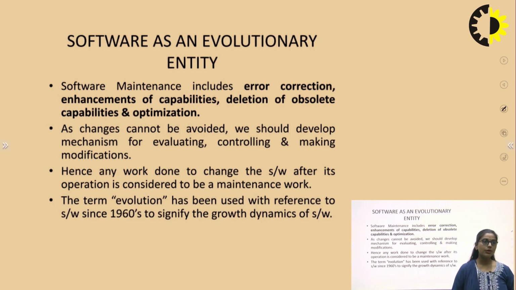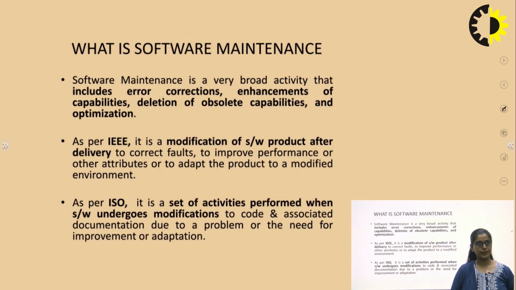Hence, any work done to change the software after its operation is considered maintenance work. The term evolution has been used with reference to software since the 1960s to describe the dynamic nature of software.